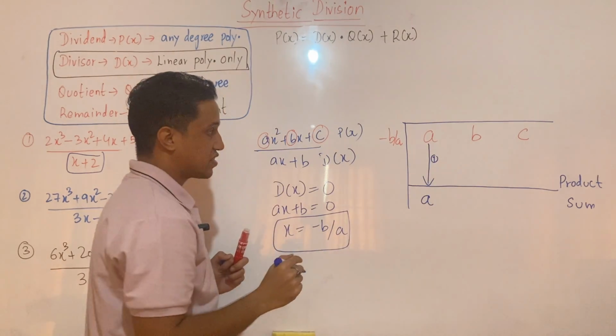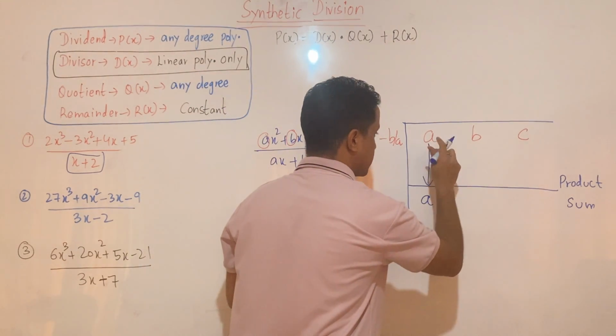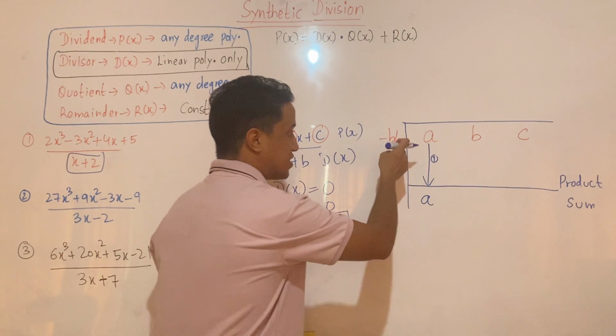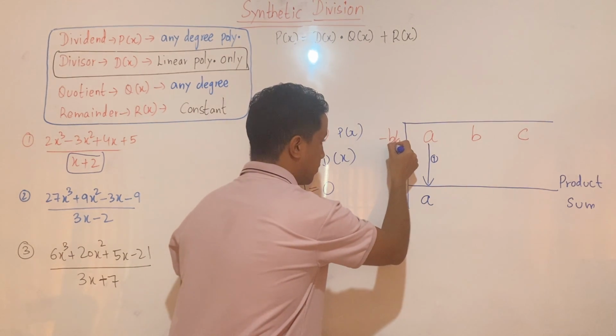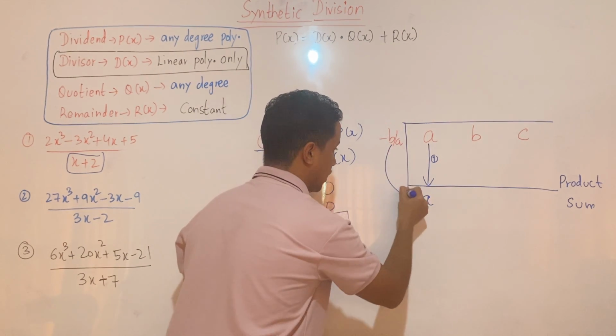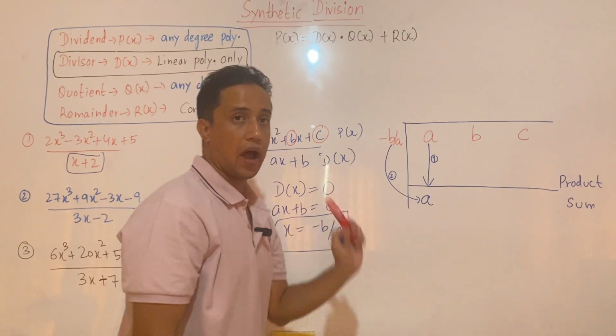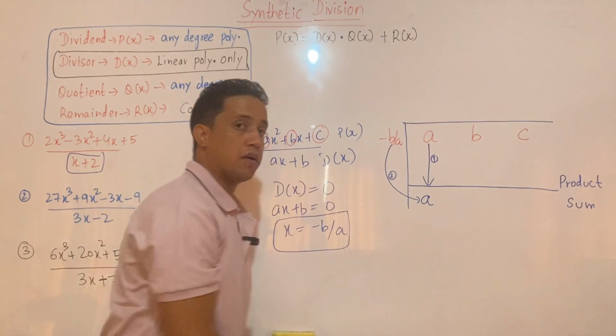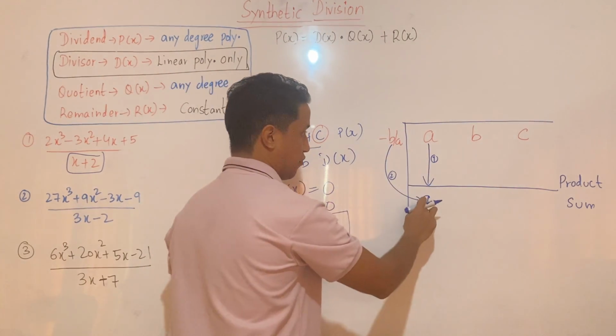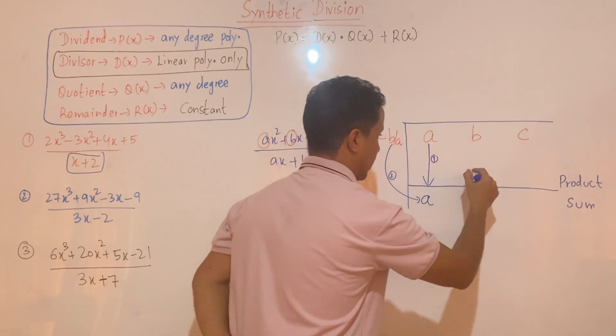My first step was just to bring it down. My second step is to multiply this with a. So if I multiply minus b by a with a, what would be my answer?